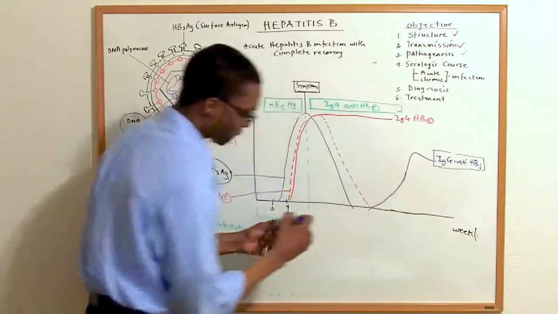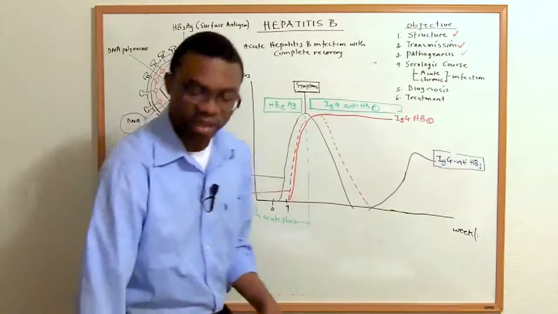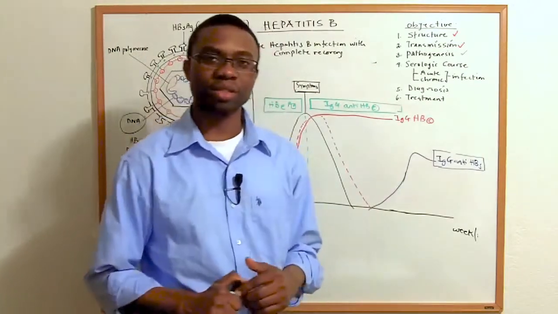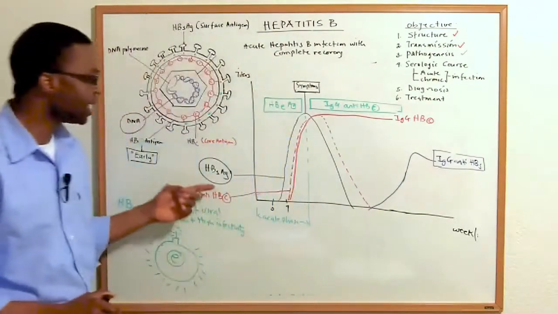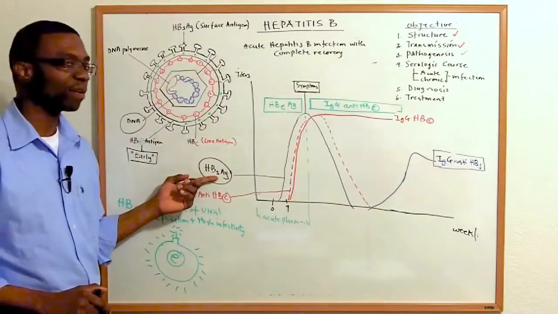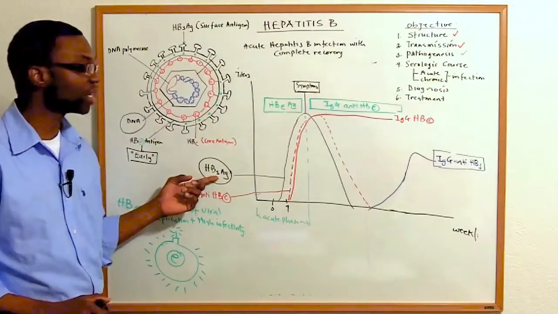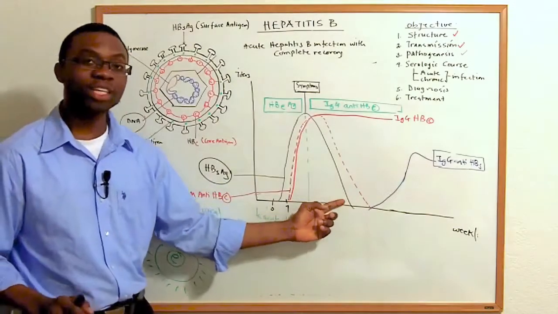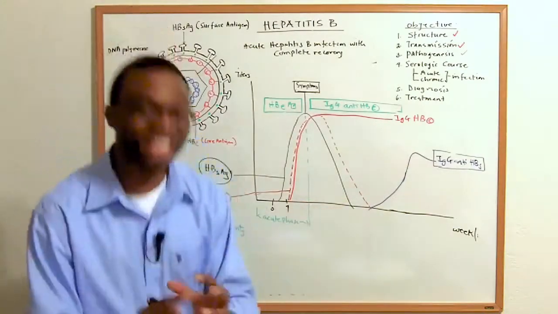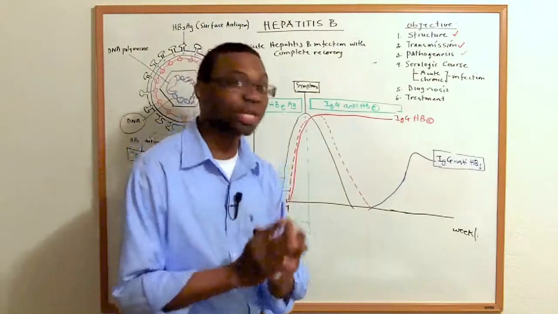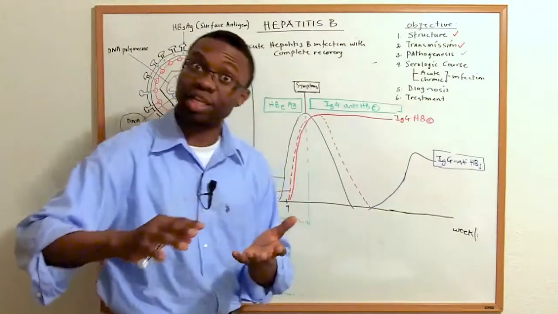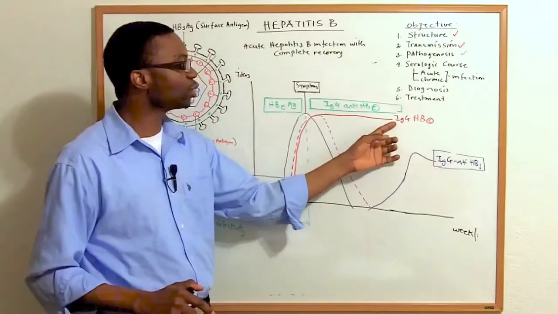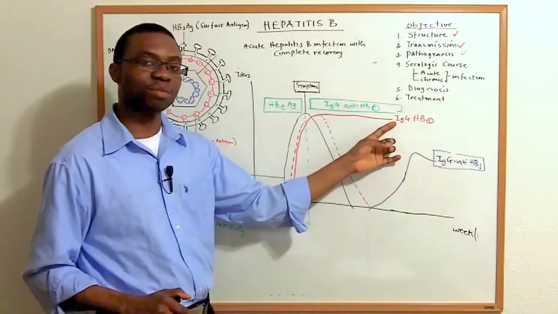Okay? So, when somebody's in the window period, they're not going to be positive for a surface antigen because they're already getting cleared out of the system. The only thing you're going to be able to measure when you catch somebody during the window period, where they still have an infection but it's been cleared, is you're going to be able to detect this inside their bloodstream.